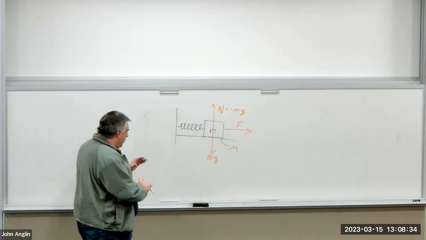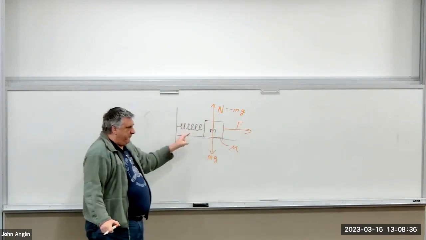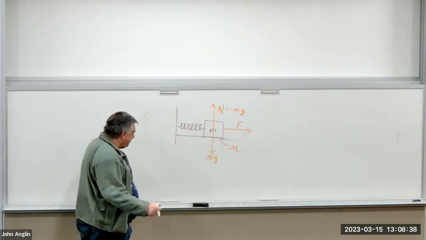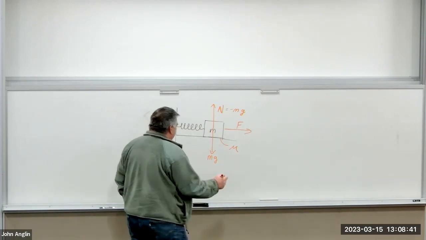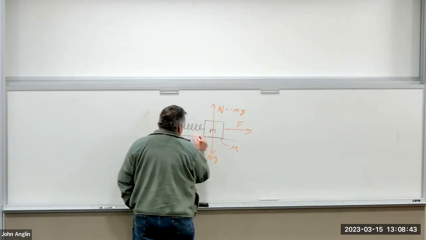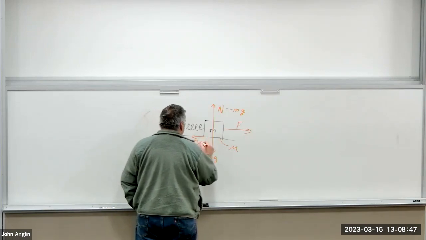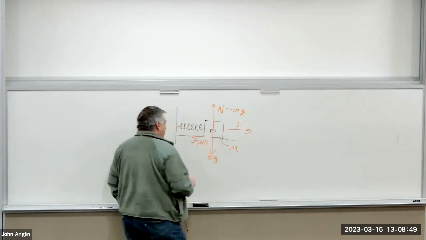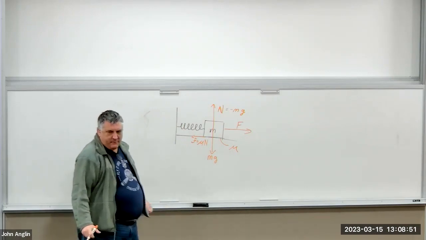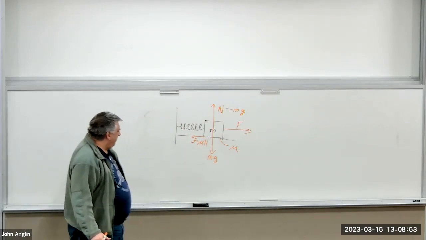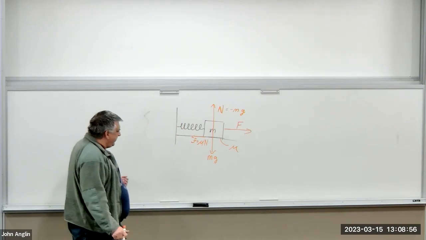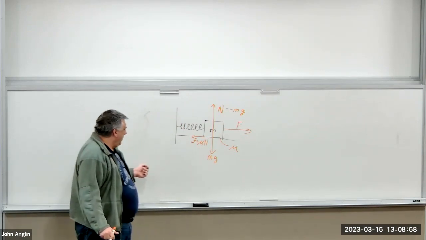So basically, we're going to pull this thing away from the wall, but it's attached to the spring. Now, because we're pulling this thing, we incur an opposite force of friction. So this is our mu sub n, or our mu n.